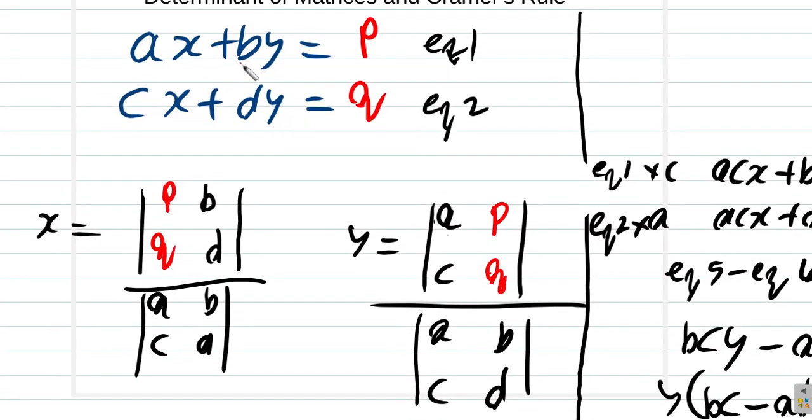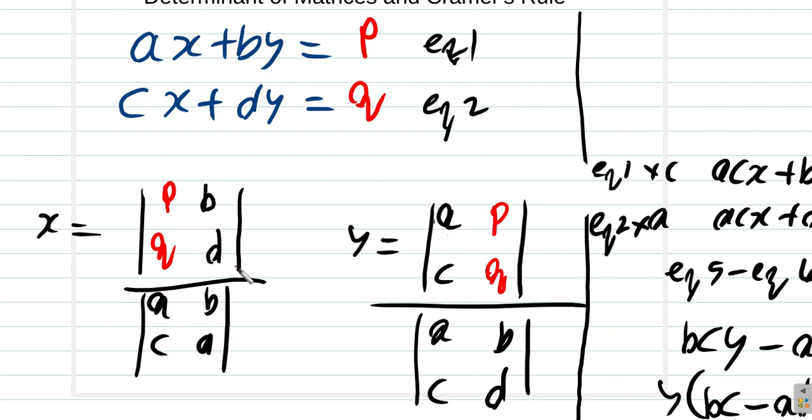In Cramer's rule, x equals, you write the numbers first. Y equals, you write the numbers second. For the numerator determinant, to find x, you write the numbers p, q, and then the coefficients of y, b, d, over a, b, c, d.